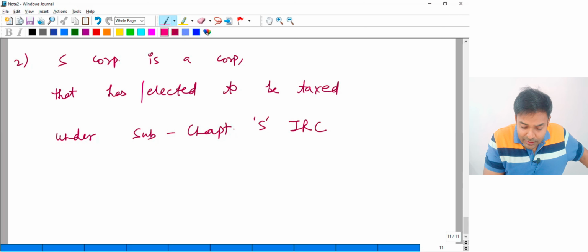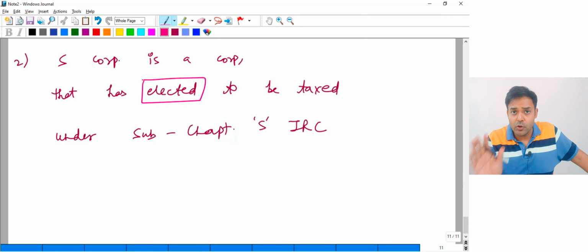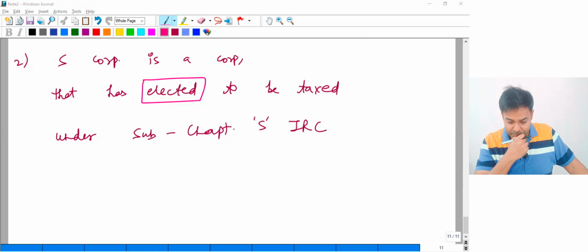It has elected. That means by default you are not an S corporation, you have elected for that. Hopefully you have noted this.